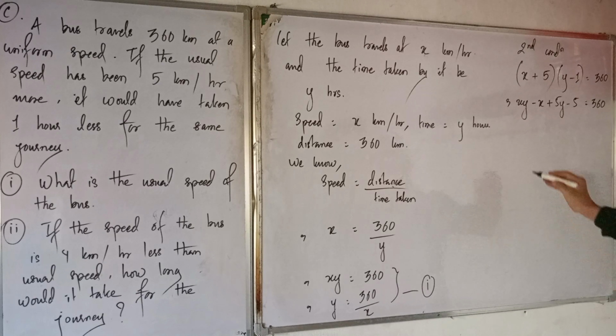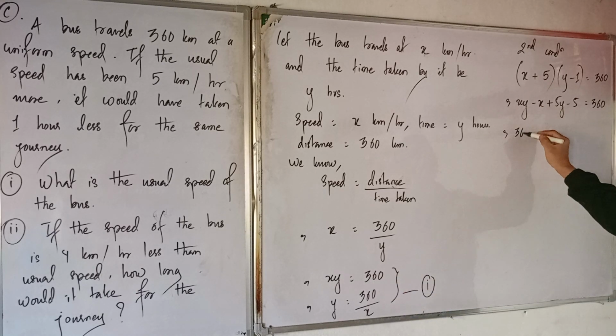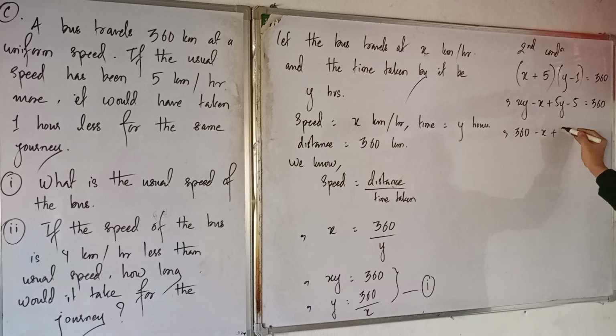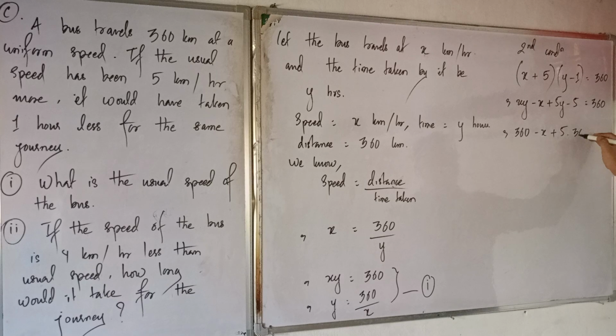Now xy can be substituted by 360, minus x plus 5y, where y we have 360 by x. 360 by x minus 5 equals 360.